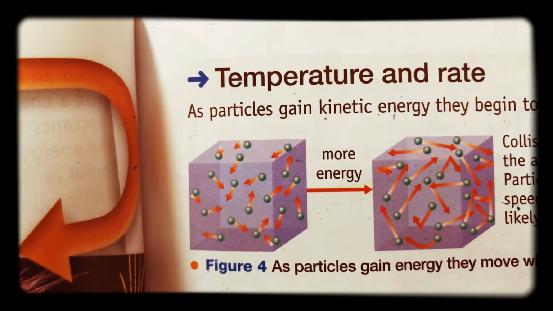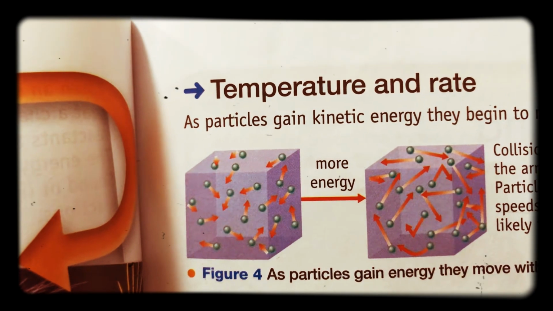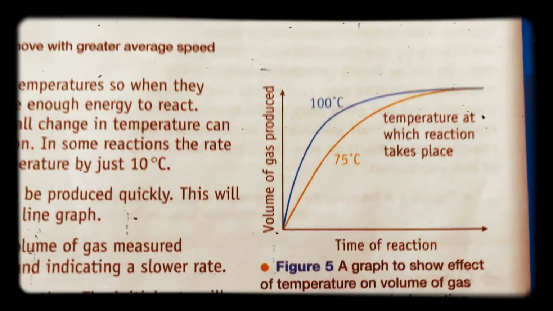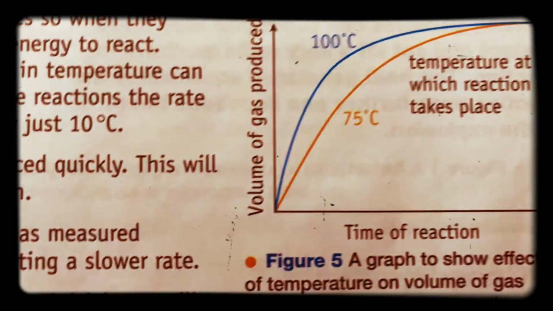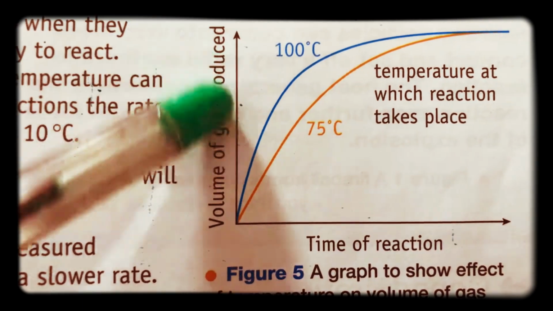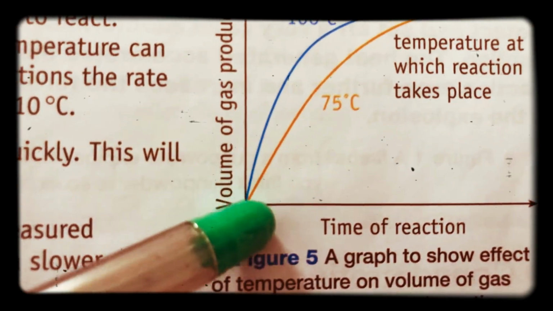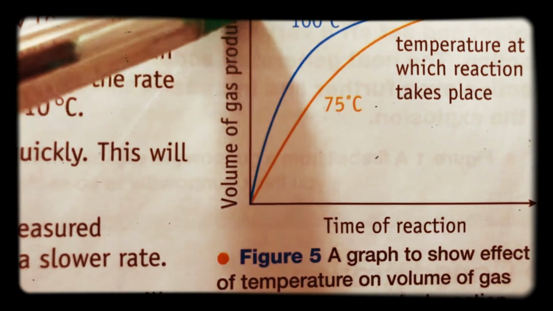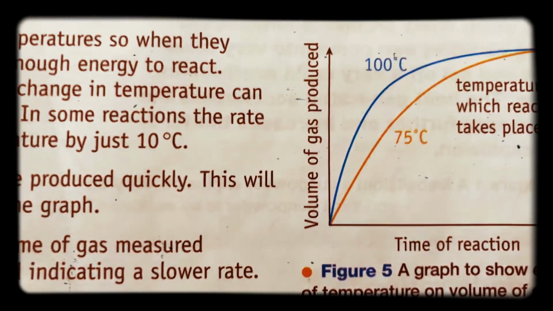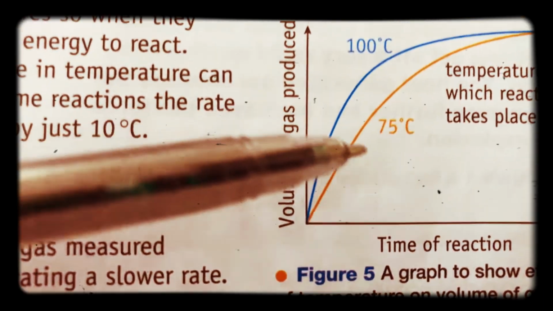Fast reactions will cause lots of gas to be produced quickly, and this gives steep curves when you are asked to produce line graphs. So here's a line graph. We put the time that's passed in the chemical reaction on one axis and the volume of gas produced on this side. If the volume of gas is produced very quickly over time, it's as if the line is dragged towards the left.